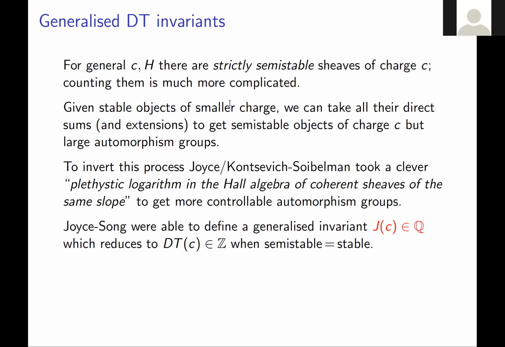Okay, so you're losing too much information. You're ignoring all the extensions between these objects of smaller charge, and it's really important to keep that information in. Given an S equivalence class, it's clear what information about that class is important. If you knew the moduli space of polystable objects plus a bit of extra information at each of those polystable points, that's basically equivalent to this.